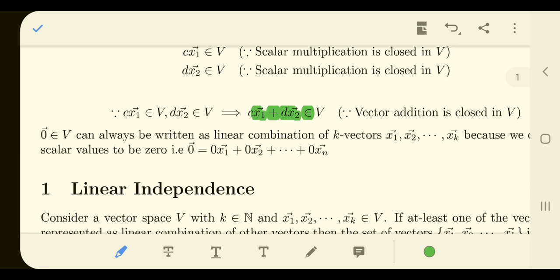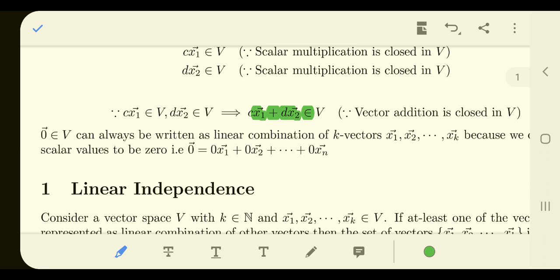Whenever you make a set out of linear combinations of some set of vectors, the zero vector will always be there, because you can always take zero as the scalars, which when multiplied by any vector give a zero vector, and adding all those gives a zero vector.